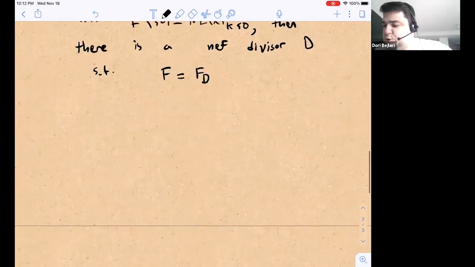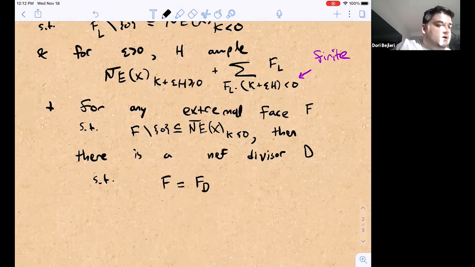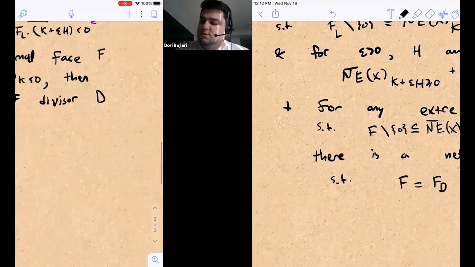Okay. And that's why we needed this statement that each face really is the face corresponding to an F divisor, because we wanted to use the base point free theorem.